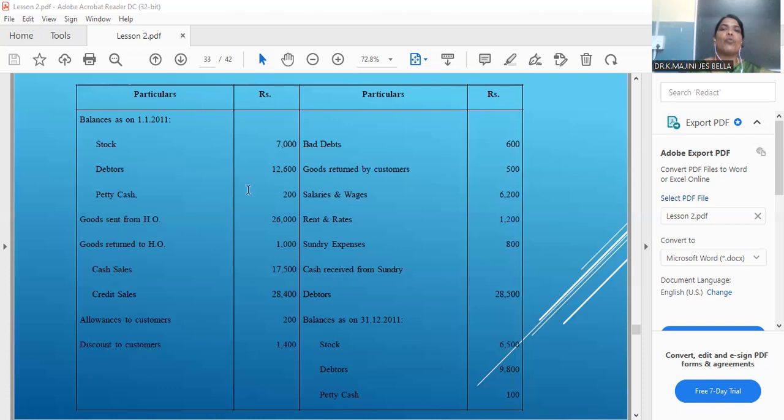Okay, then you come to the credit side: bad debts 600, sundry 800, cash 2,500, stock 6,500.